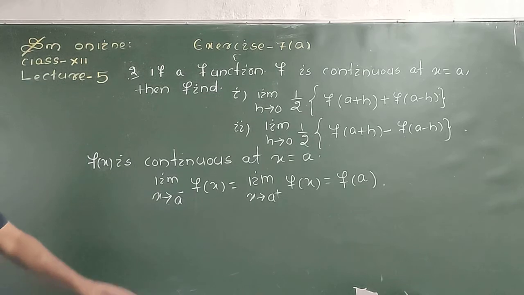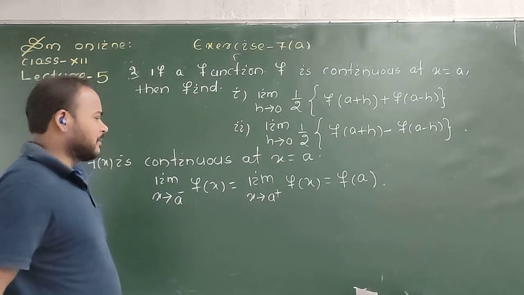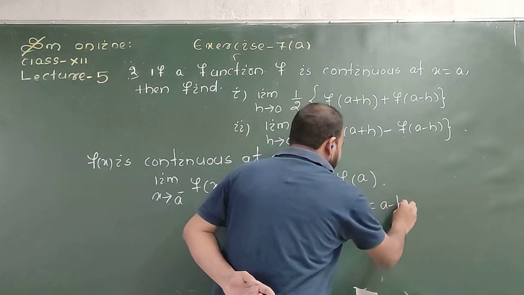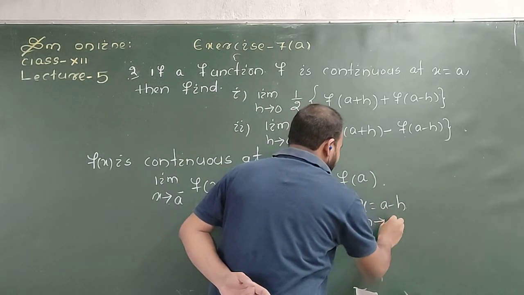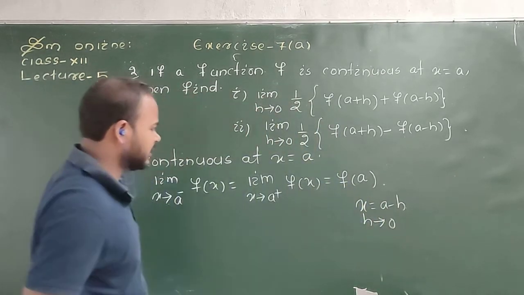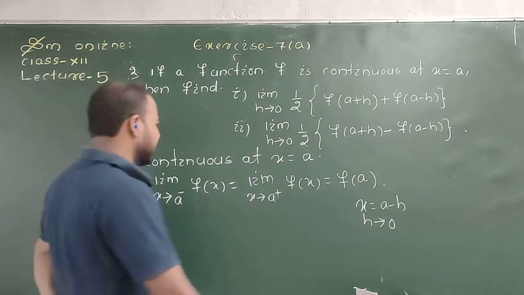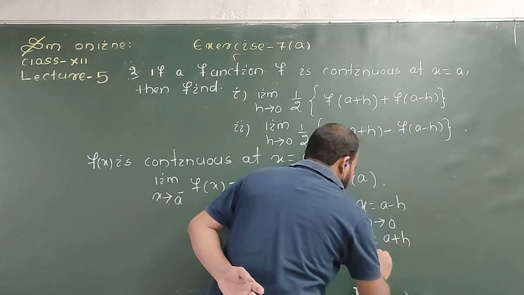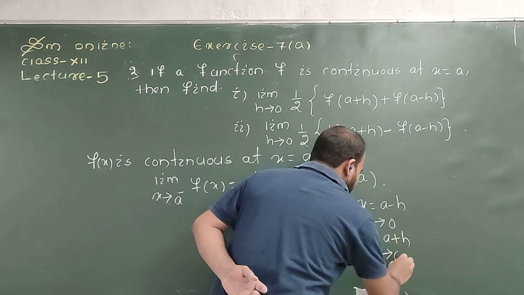Okay, so for the left hand limit we take x equal to a minus h and h tends to 0. And for the right hand limit we take x equal to a plus h and h tends to 0.